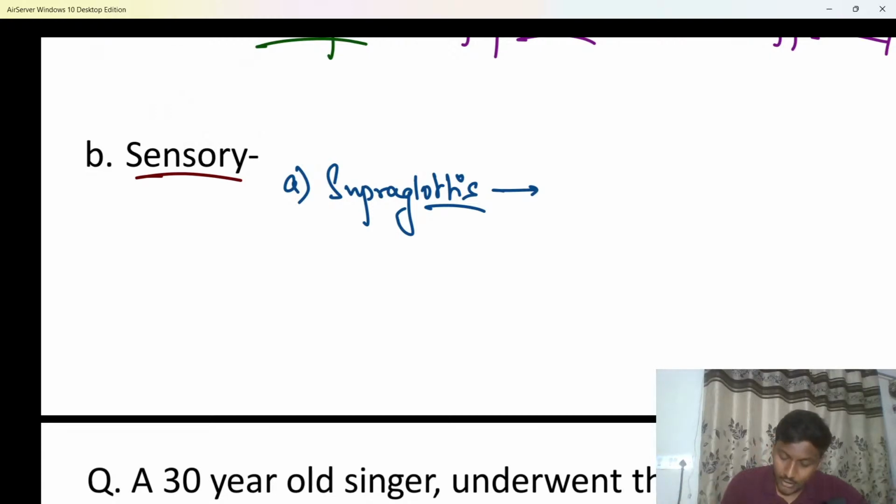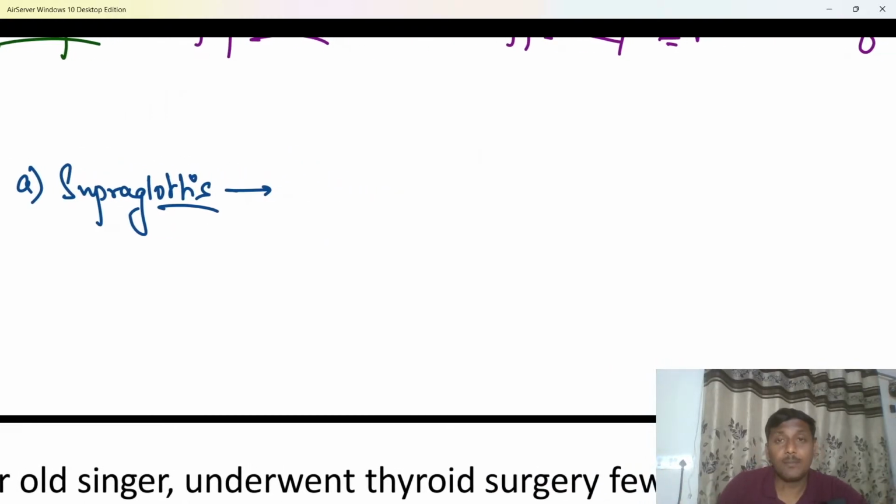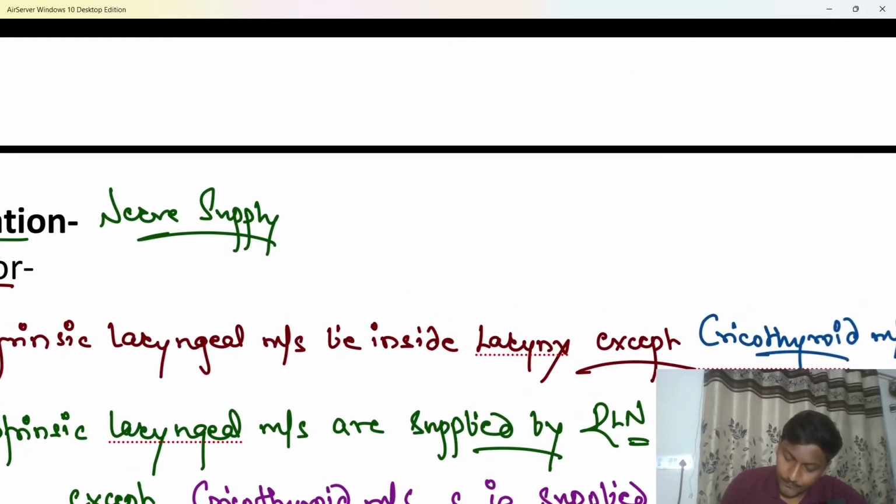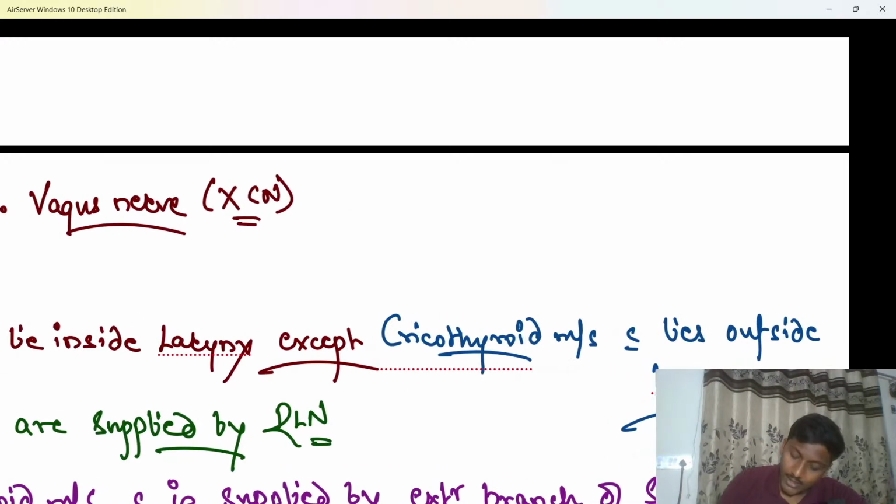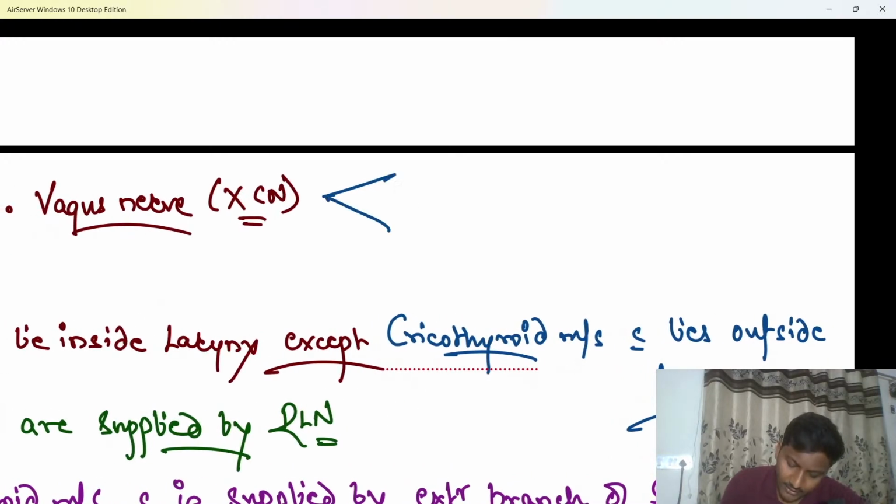Got it? Supraglottis has a rich nerve supply and is supplied by which nerve? So I told you that basically the nerve supply to the larynx and pharynx is by the 10th cranial nerve, that is your vagus nerve. It has two branches. One is called the RLN, that is your recurrent laryngeal nerve. Second is called the SLN, that is your superior laryngeal nerve.